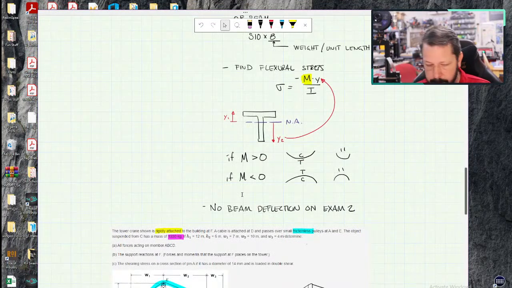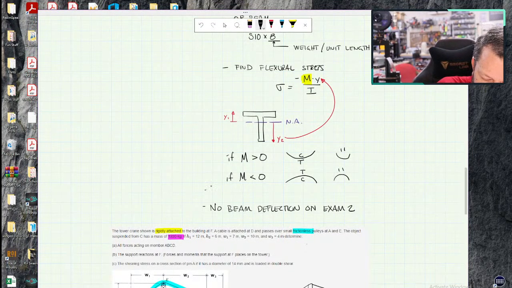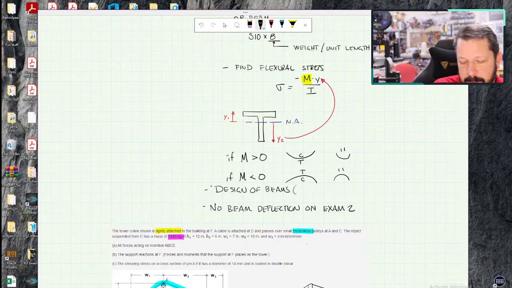Let's see. Design of beams, which involves the section modulus.